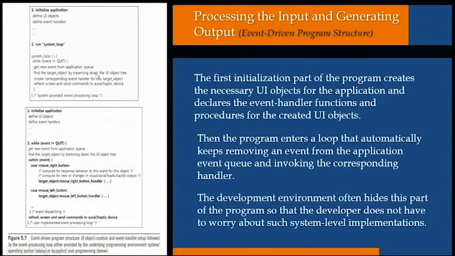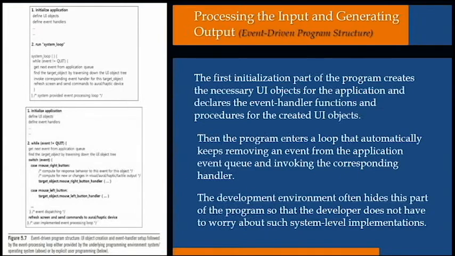So UI object creation and event handler setup followed by the event processing loop, either provided by the underlying programming environment system, operating system, or by explicit user programming below. So this is how the event-driven program structure looks like.